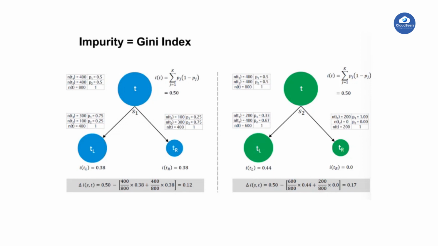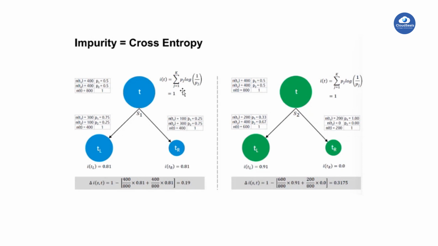Okay. Same calculation for the cross entropy. Here the formulas will be changed. The mathematical algorithm we are using is changed. So probability times log of 1 by Pj. Same application, we will calculate the probability. We will substitute the probability values into this formula. We will get the entropy of these two splits.